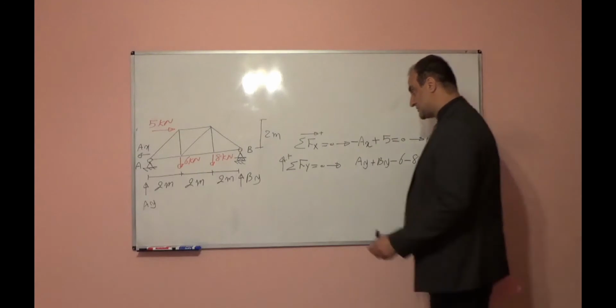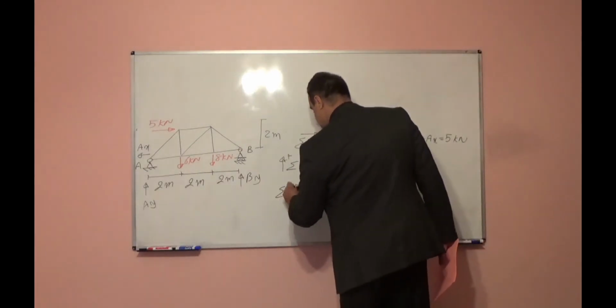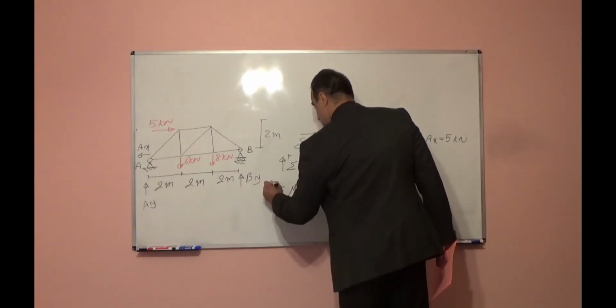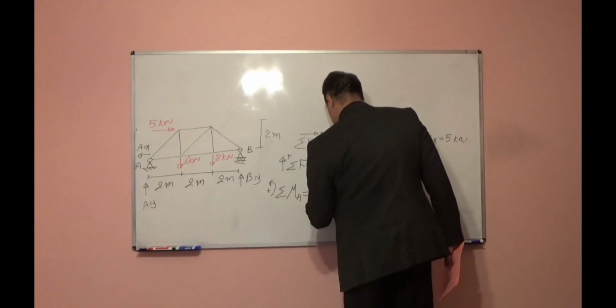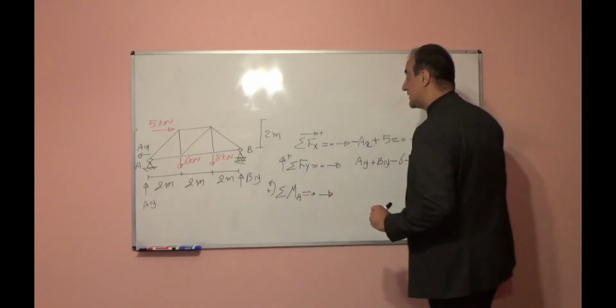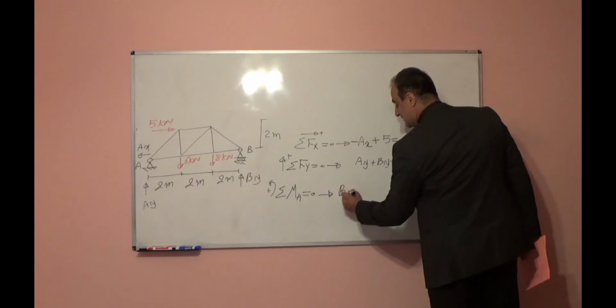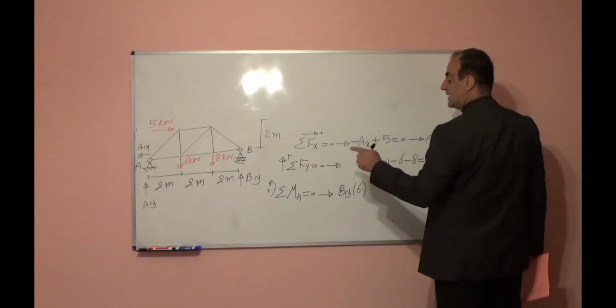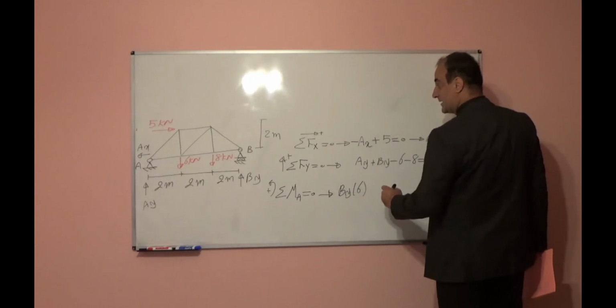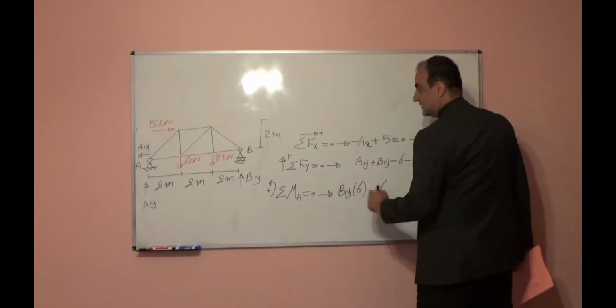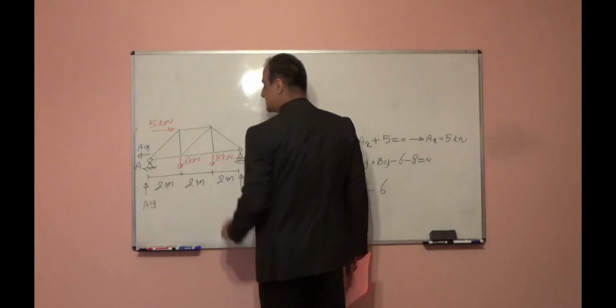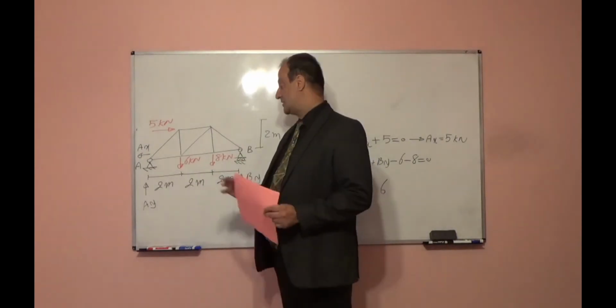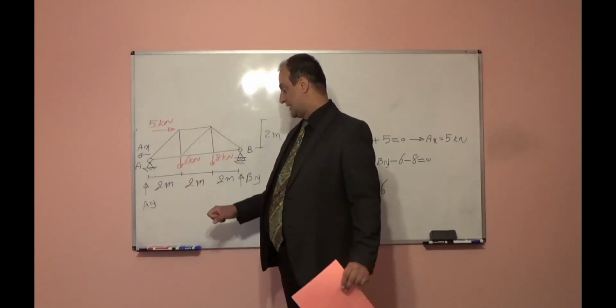Summation of moment with respect to point A is equal to 0. From here I can write BY times 6. BY times distance 6 wants to rotate this truss counterclockwise, so positive.